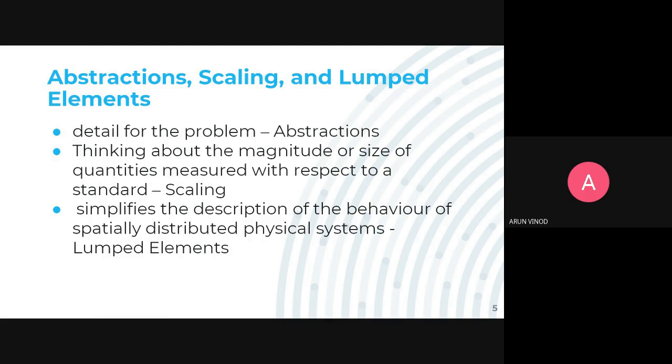Hooke's law tells us F is equal to k into x. k, as I told, is the spring constant. So the interpretation of k incorporates the detailed properties of the rope, for example.